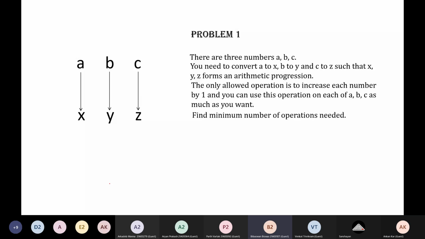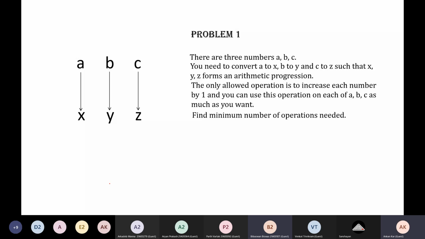Suppose A is greater than B greater than C. Then we see the difference between A and B and the difference between B and C. The one which has the greater difference we keep as it is, and for the other number, suppose the difference between B and C is less than the difference between A and B.